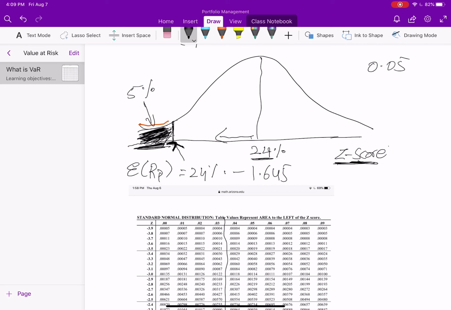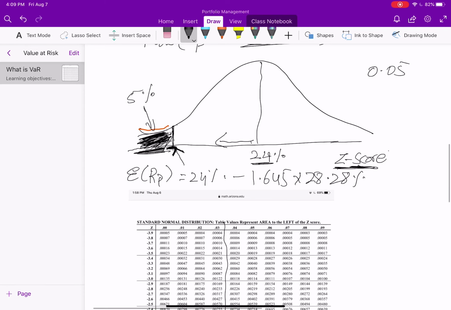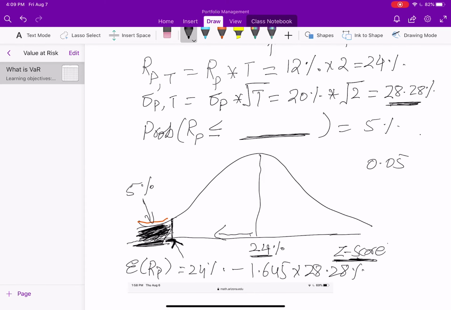So 24% minus 1.645 into the standard deviation, 28.28%. If you calculate it, you will get minus 22.52%.